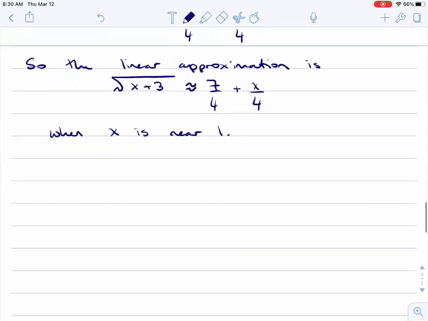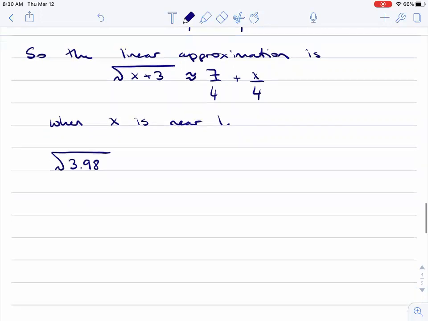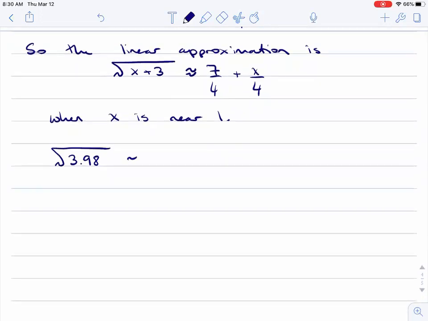So if we want to find the root of 3.98, well, then I know that x must be 0.98. So then we can approximate this by 7 over 4 plus 0.98 divided by 4.